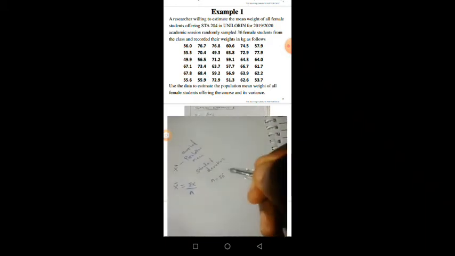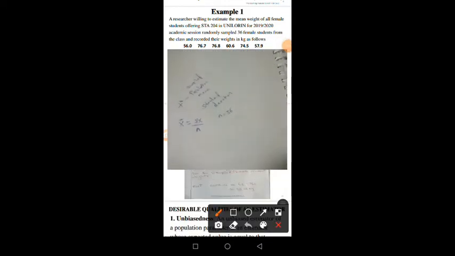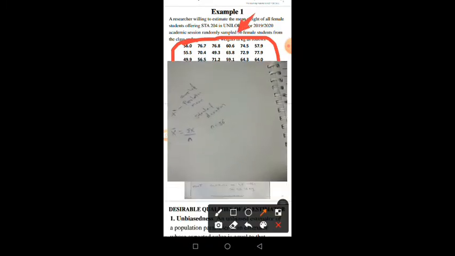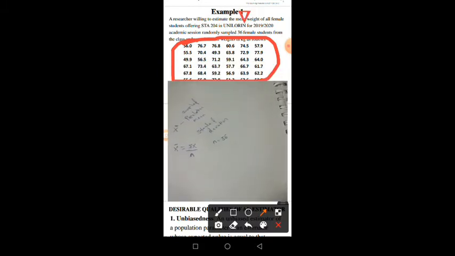So this is how we are going to calculate it. You add all these, then divide everything by 36. That's it, you get your mean.